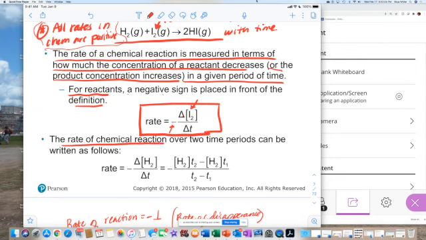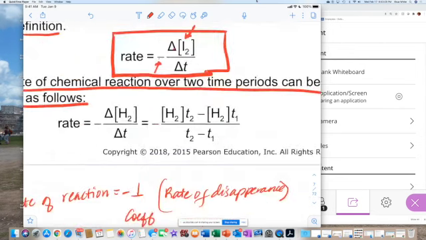The rate of the chemical reaction over two time periods can be written as follows. So here they change the focus and now we're looking at H2, the other reactant, not I2. But the idea is the same. It applies to both. The rate of the reaction is still a reaction, so it's negative change in the concentration of H2 over delta T. Now remember, the 2 here is essentially the final condition.